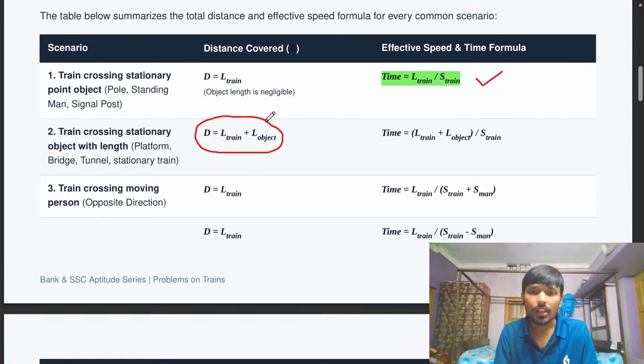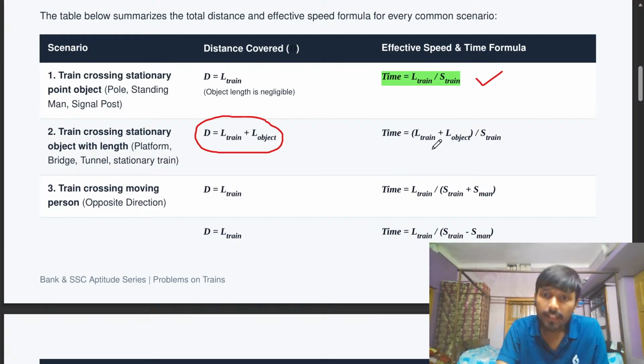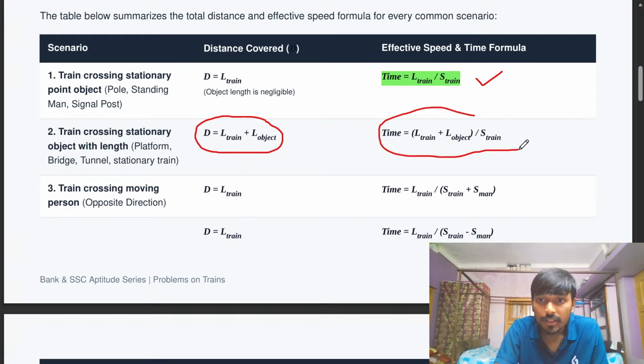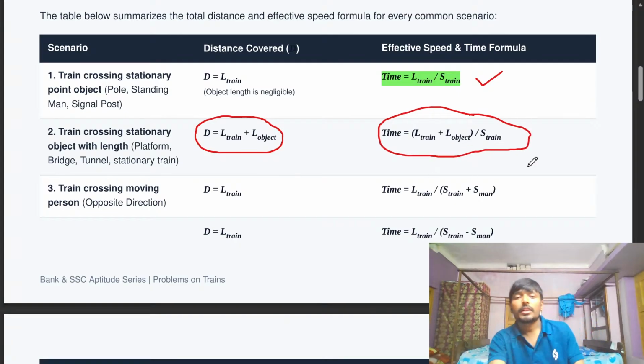Now in this case, time equals the length of the train plus the length of the object divided by the speed of the train. Time means what? Distance by speed. So the total distance means the length of the train and the length of the object.